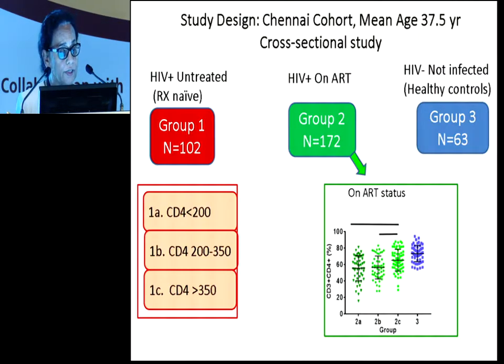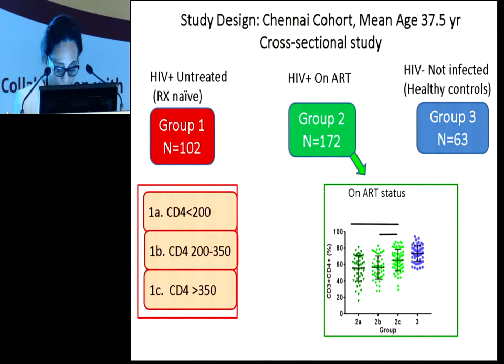And here is the study design. So we had 3 groups, Group 1, Group 2, and Group 3. Group 1 was the ART naive, untreated, and there were 3 subgroups, 1A, 1B, and 1C, with different CD4 counts. Group 2 was on ART for at least 1 year, so they were really reconstituted.